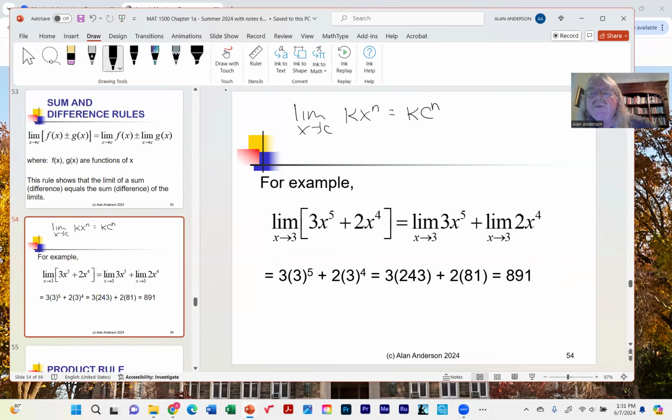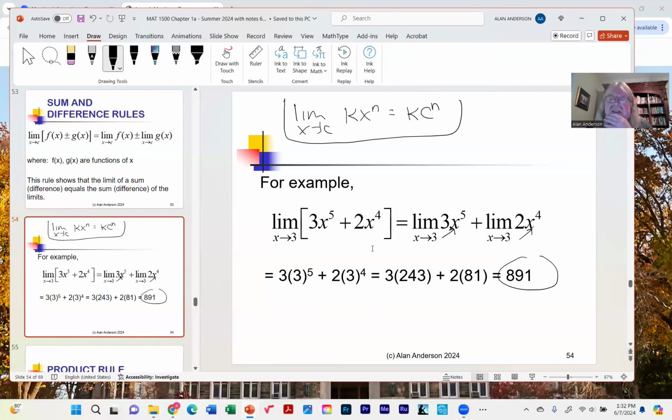In both cases, we're just substituting 3 into x, because that's how this form works. Let's clean that up. And so you end up with, in the first case, 3 times 3 to the fifth, in the second case, 2 times 3 to the fourth, and you ultimately end up with 891. There you go.